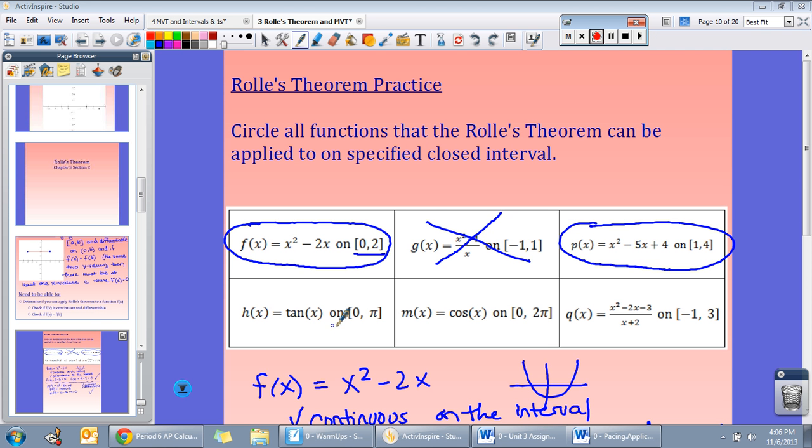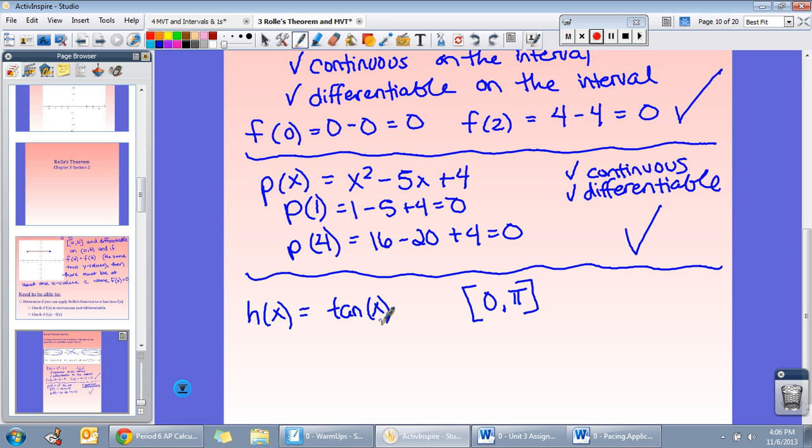For our third function, tangent x, let's start with continuity. This function is really sine x over cosine x. And this is going to be undefined, or we're going to have an asymptote, everywhere that the cosine of x equals 0, which on this interval is going to be at pi over 2.